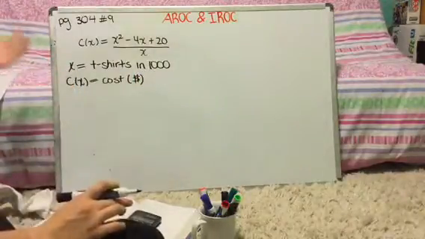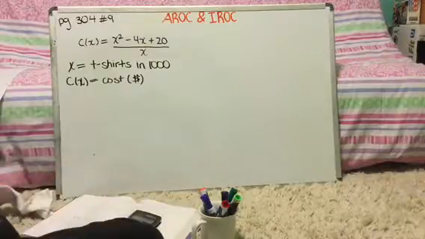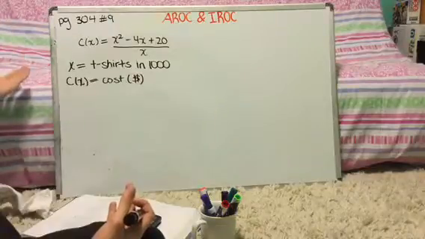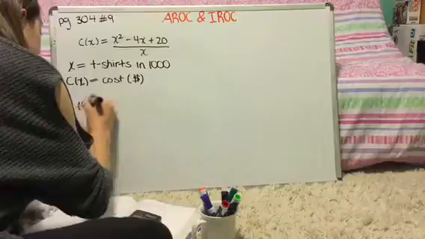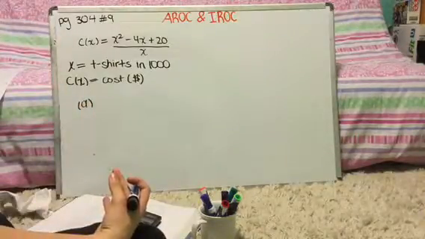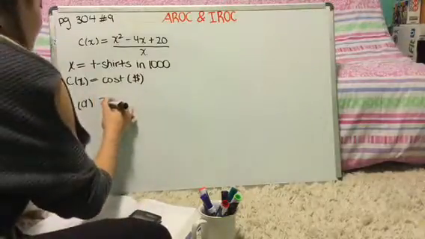Now, what x represents will come in handy to us later on when answering these questions, because it will determine what value of x we will have to plug in to our formula to get C of x. Part A, for example, asks you to calculate the average cost of t-shirts at a production level of 3,000 pairs.